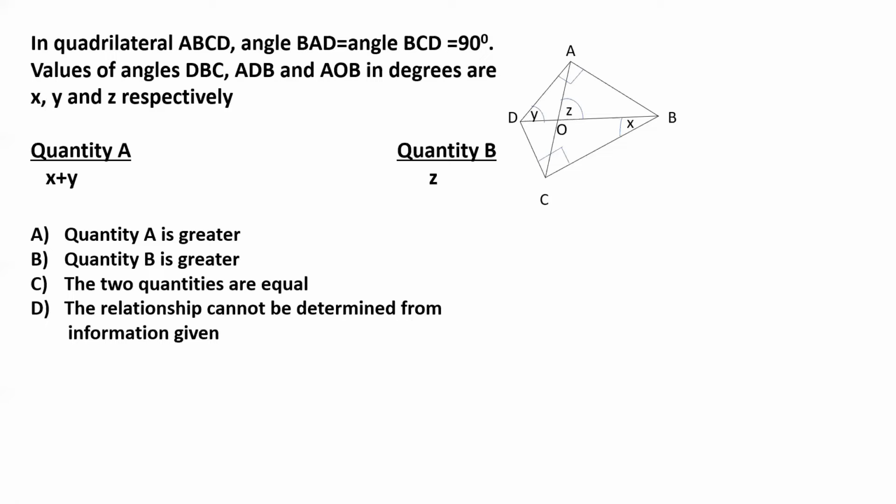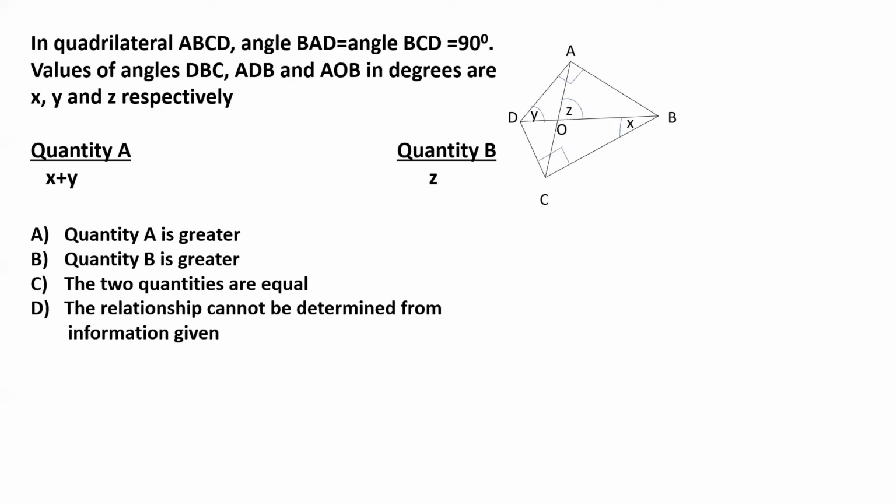Now, one thing that we have to note is that this quadrilateral ABCD, its angles BAD and angle BCD are 90 degrees each. And that actually makes it a very special quadrilateral. Now, from the figure, it's not necessarily a rectangle, right?